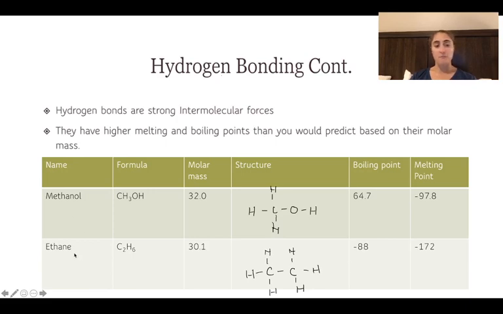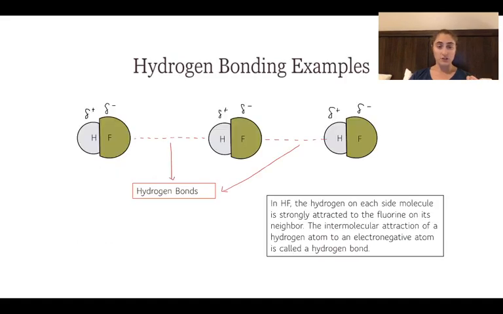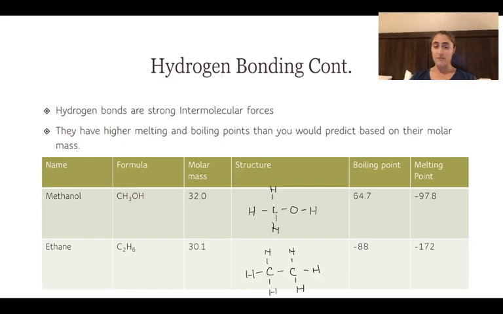So if I look at methanol and ethane, remember it has to be something that is bonded with fluorine, oxygen, or nitrogen. So in this case, we see a hydrogen bonded to an oxygen. So this one is going to have the hydrogen bond. This does not have a hydrogen bond. This is a hydrogen, yes, bonded to a carbon, but remember it has to be a nitrogen, an oxygen, or fluorine.